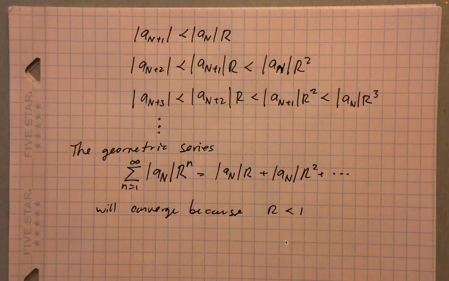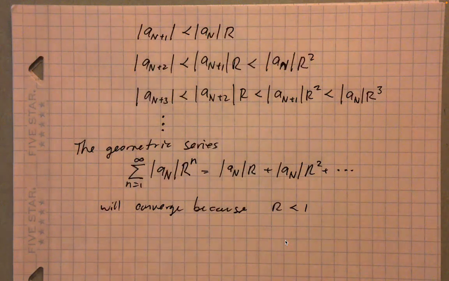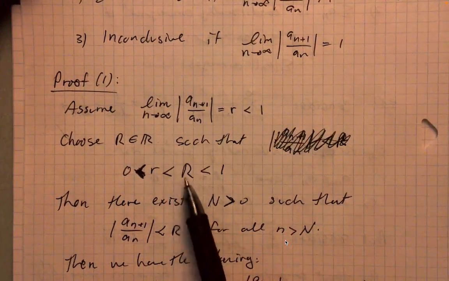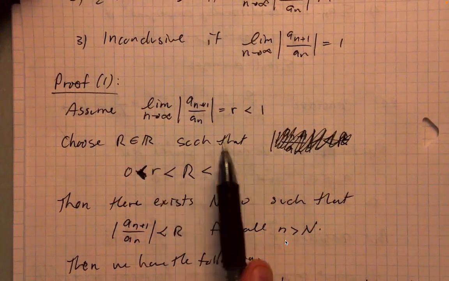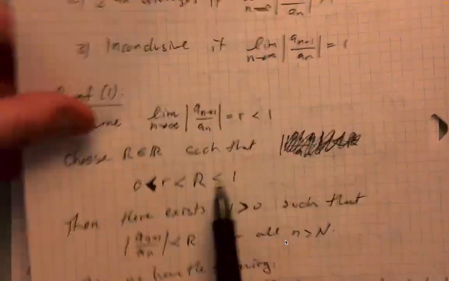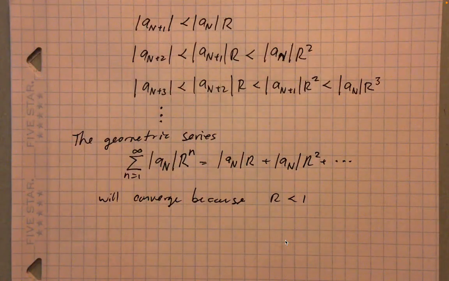By assumption, right? Recall back here at the beginning, how did we come up with this r? Well, we chose an r that's between our limit value and 1. So this r is less than 1. And so if that's the common ratio of a geometric series, then the series will converge. Okay.